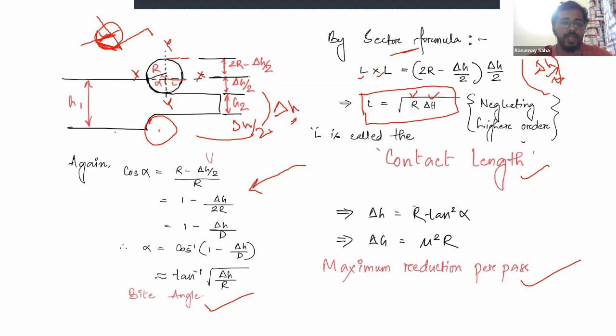So from this figure again, you can see that cosine of this angle alpha happens to be R minus del h by 2, over the hypotenuse.